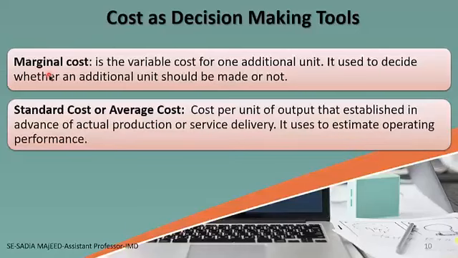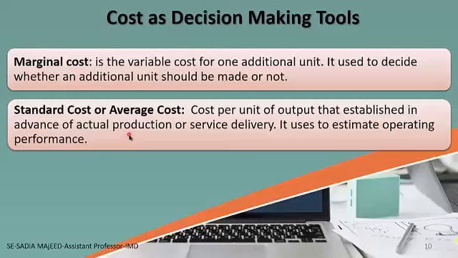Second type of cost which we use as a decision making tool is known as standard cost or average cost. That is the cost per unit. As it is the average cost, definitely it is the per unit cost. This is the cost per unit of output that is established in advance of actual production.